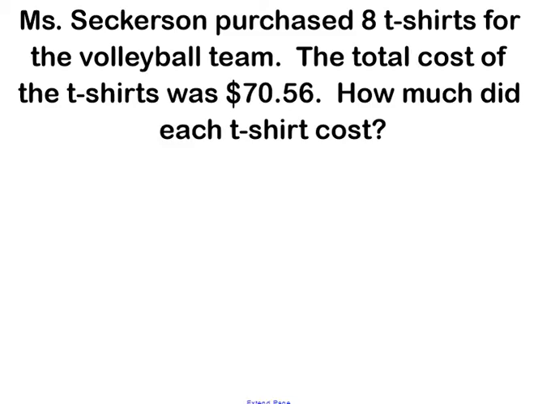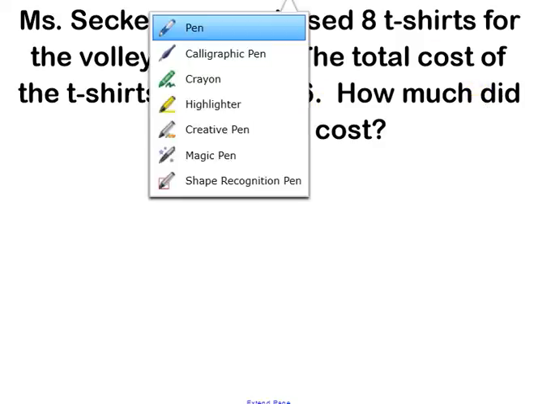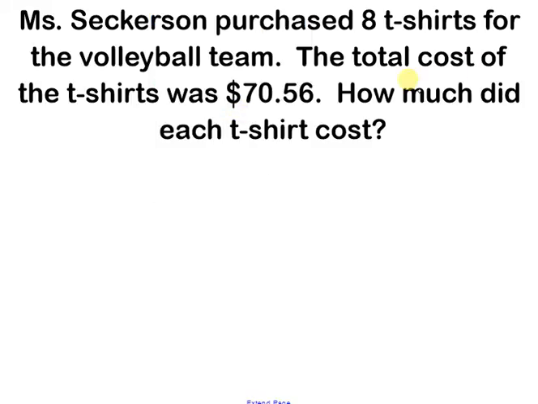All right, now just to throw in a couple of word problems here. Ms. Seckerson purchased 8 t-shirts for the volleyball team. The total cost of the t-shirts was $70.56. How much should each t-shirt cost? Now I know we haven't gone over our annotating rules here, but I'm going to use them anyway. So I'm going to highlight my question, how much should each t-shirt cost?